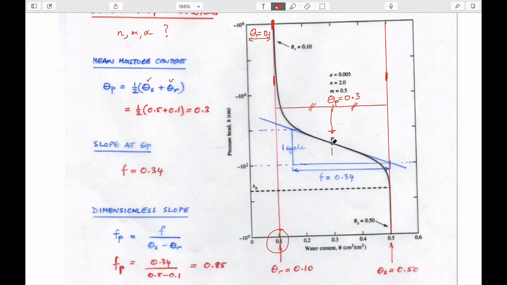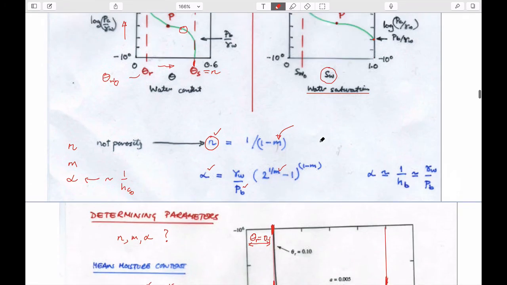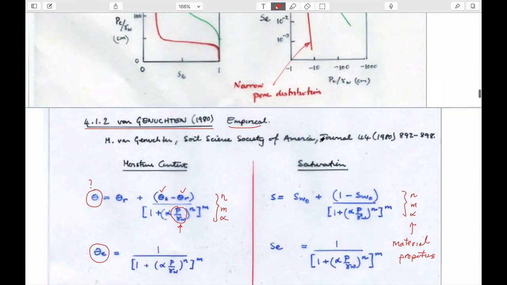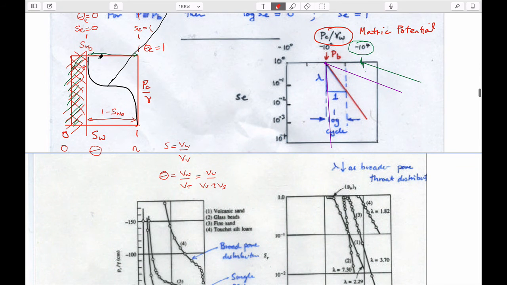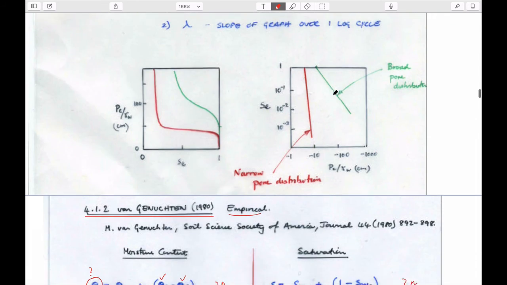We have this point. We need to know as a characteristic, harking back to this idea here, we saw that for Brooks-Corey, we could take a graph that looked like this, which has a curve in it, and we could make it a log linear curve. This is the same case here: we'd like to figure out exactly what the slope of this curve is.